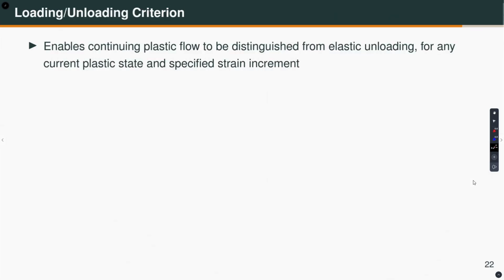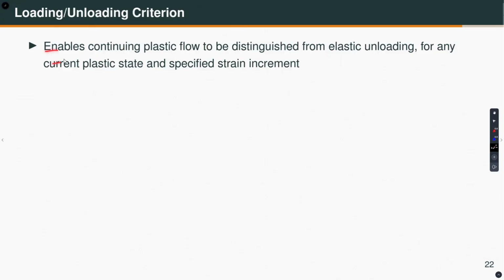Okay. The loading-unloading criterion is another ingredient of plasticity theory, which is basically a rule that enables continuing plastic flow to be distinguished from elastic unloading for any current plastic state and specifies the stress increment. We need not worry about it, but because this is a main ingredient of plasticity theory, I thought of mentioning it.